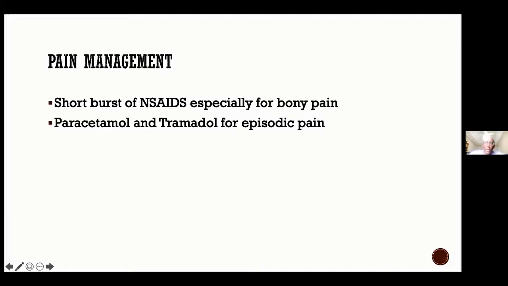But as I said, your goal is to get quick control, A, so you could continue mobilization, and B, so that you could start to focus on the other parts of your management. Because if you have pain, it's all encompassing, you think of nothing else but alleviating that. So you just have to go in, hit hard, and get control while you're sorting everything else out.